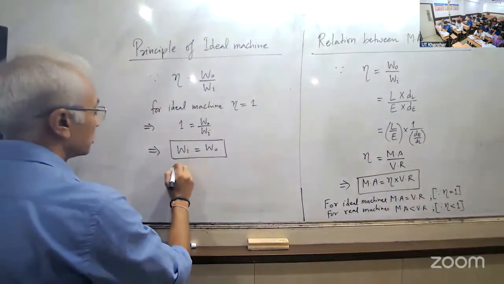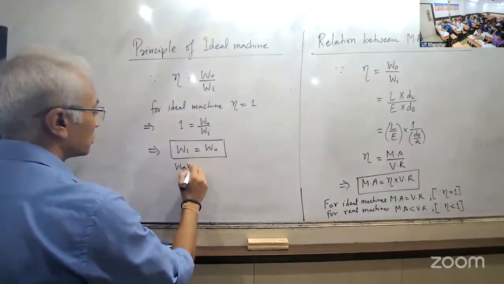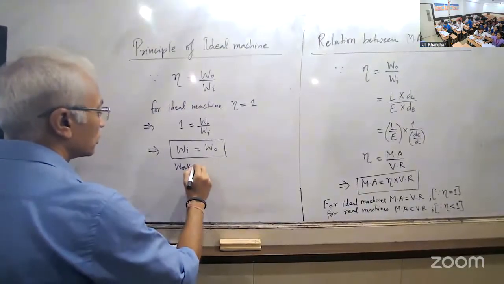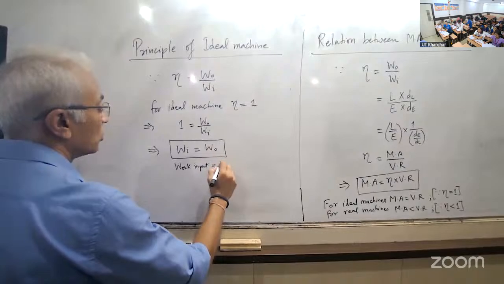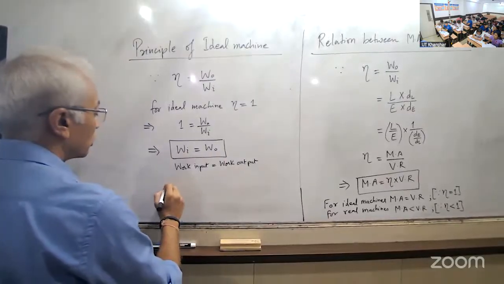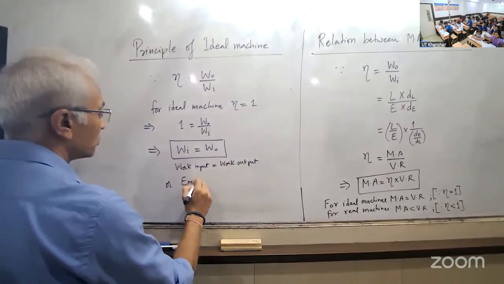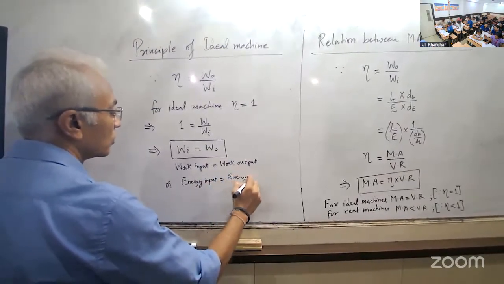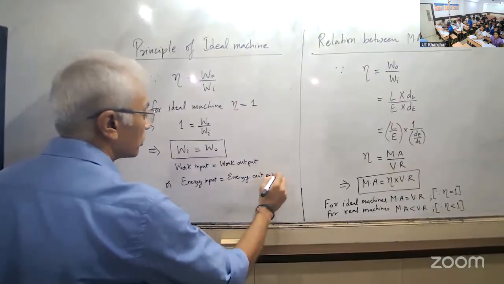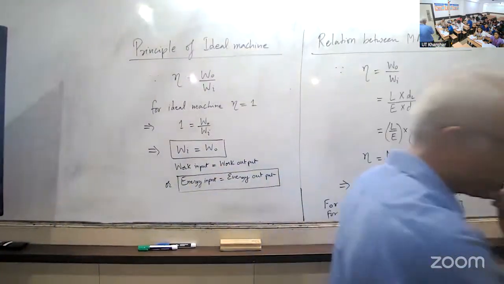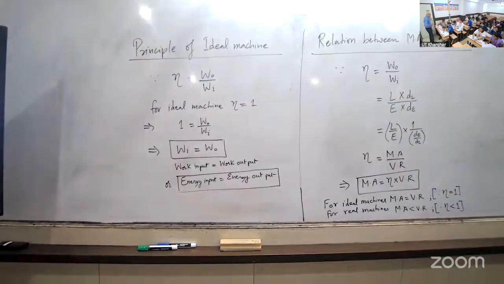That is work input equal to work output, or energy input equal to energy output. So it is written in various forms, work or energy, same thing, looked in different contexts.